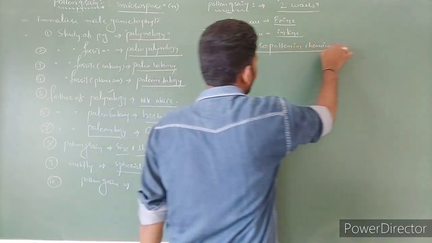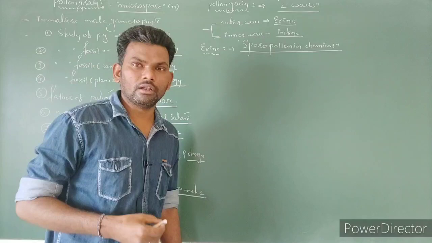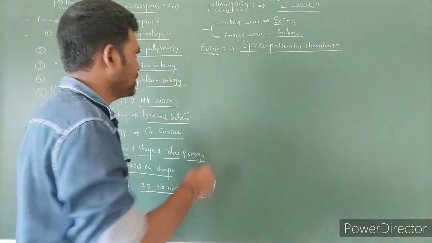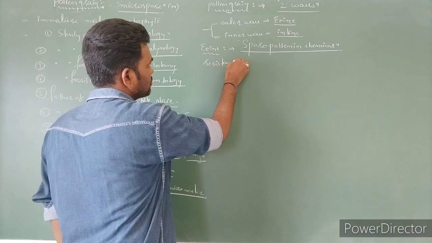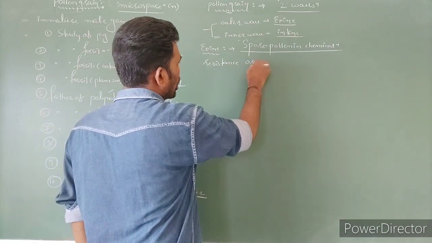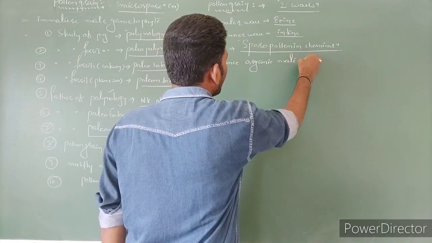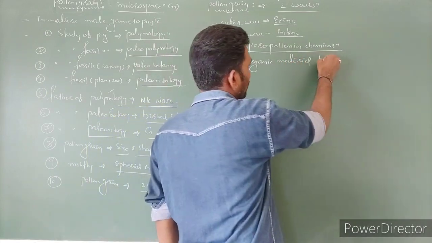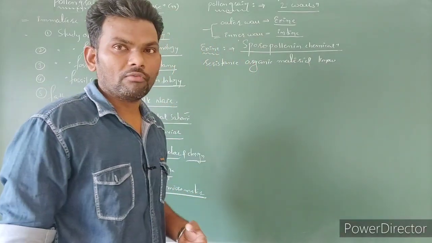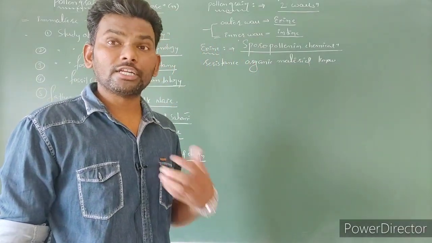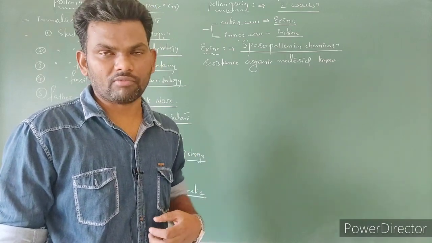So this sporopollenin, as you can see, is the most resistant organic material on the earth. It is the most resistant organic material known, right? It is resistant to high temperature, acidic conditions, and in alkaline nature also it is going to survive.